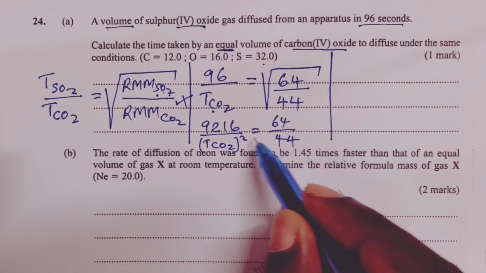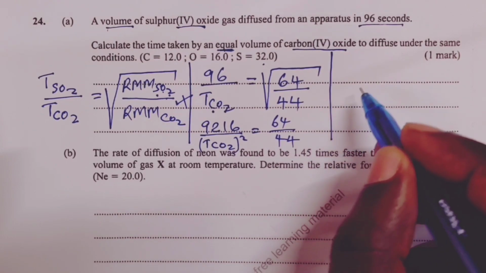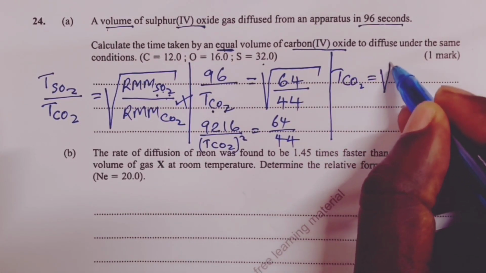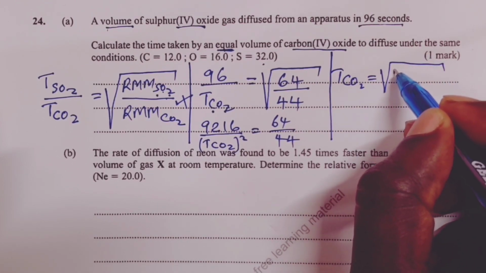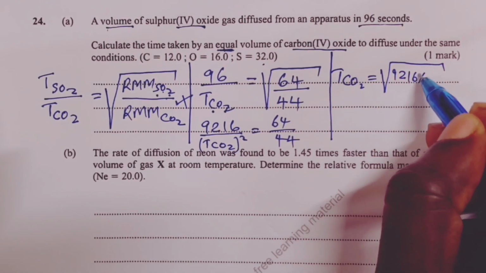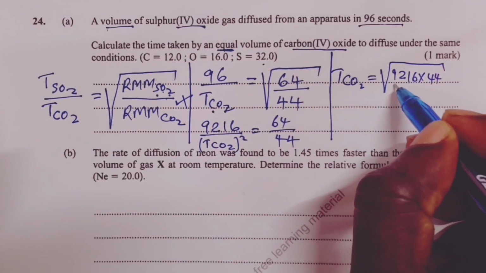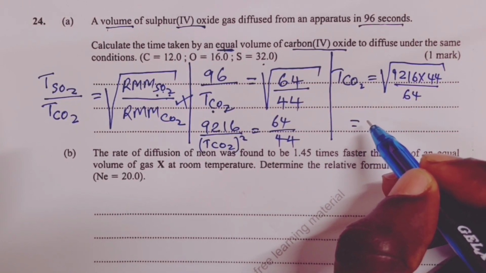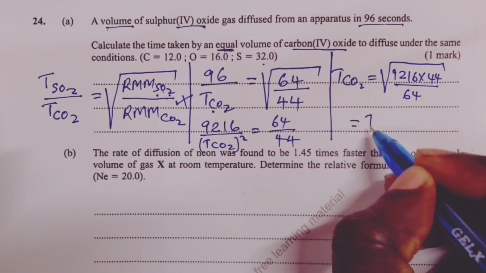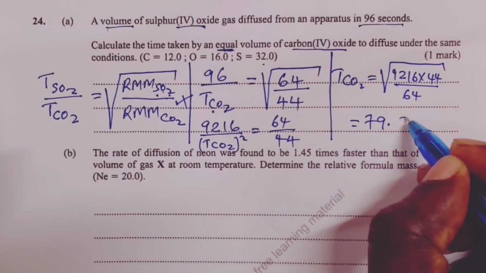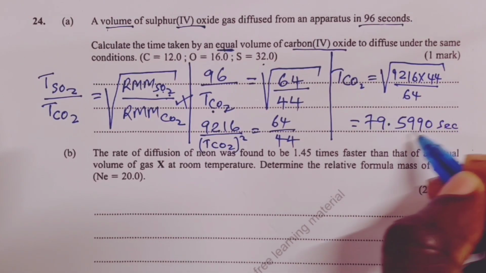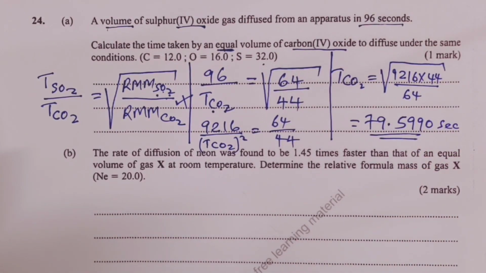When we cross multiply and find square root, our time for carbon dioxide will be given by the root of 9216 multiplied by 44 and then divided by 64. This is supposed to give us 79.5990 seconds as the correct answer.